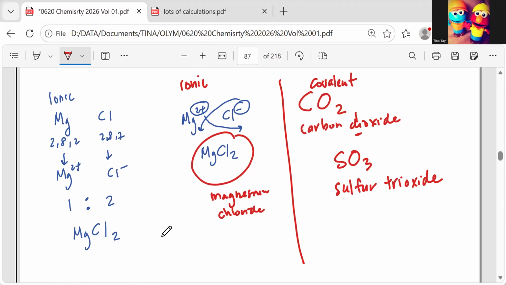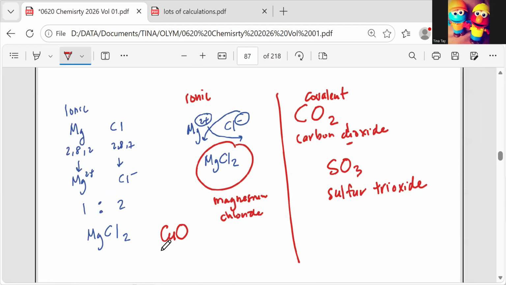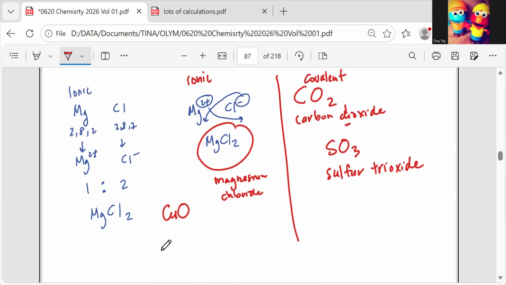However, if it's something like CuO, now you look at this, in your brain, you must know Cu here is Cu2+, O here is O2-.